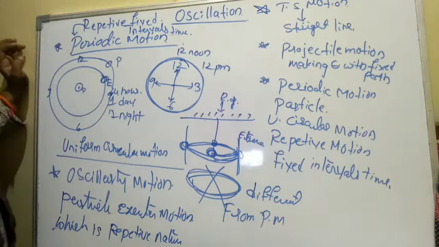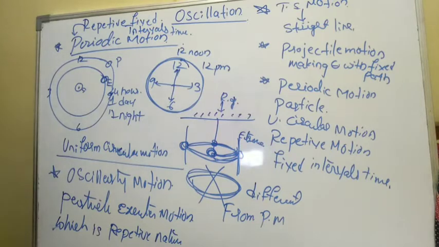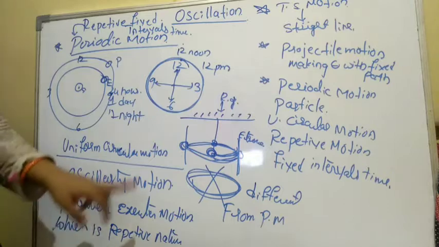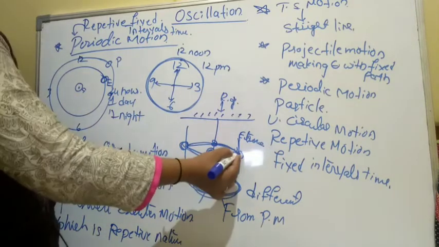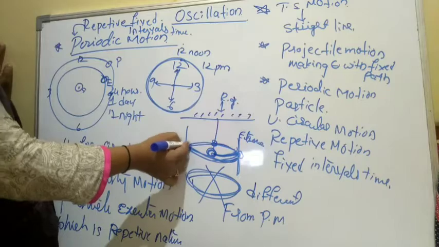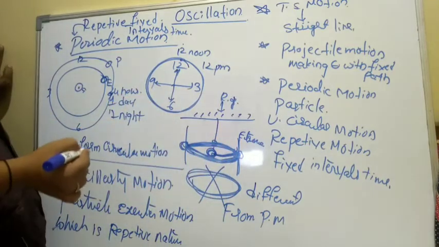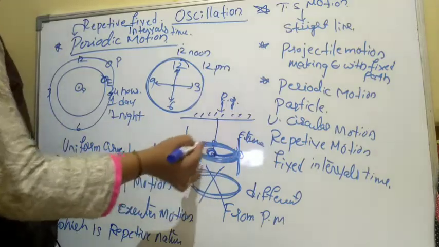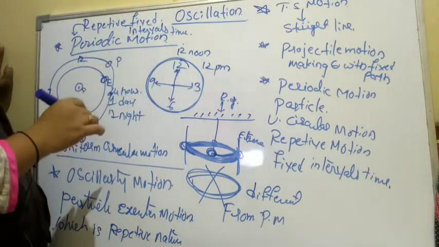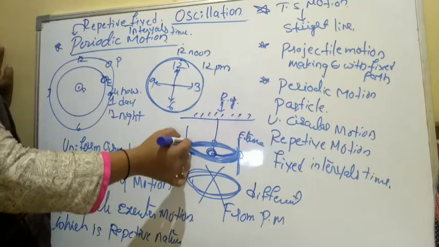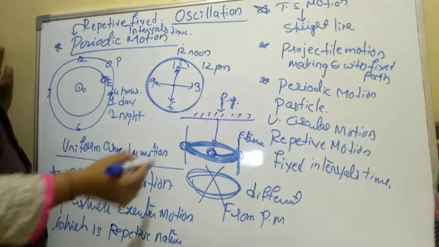But in oscillatory motion, the particle behaves repetitively in nature. You can say that the bob is moving in this direction and coming back in this direction. This process is repeating. It acts like a repetitive motion, but it is not exactly so. Why?